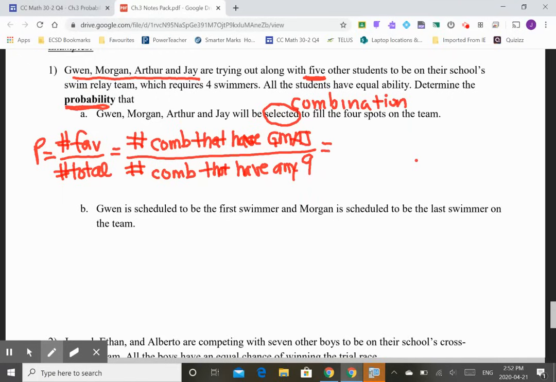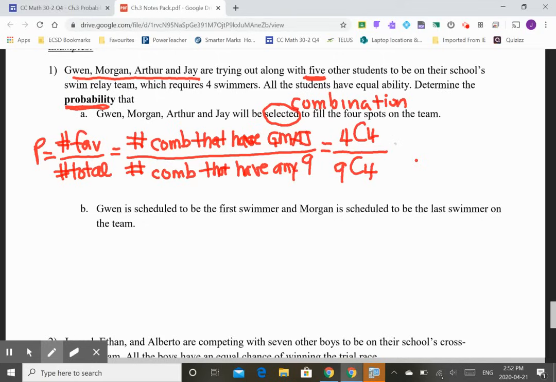Let's put that in the combination form. The number of combinations that have Gwen, Morgan, Arthur, and Jay, well, of those 4 students, we want to choose those 4 students. In the denominator, the number of combinations that have any of the 9 students, that means out of the 9 students, we are choosing 4.